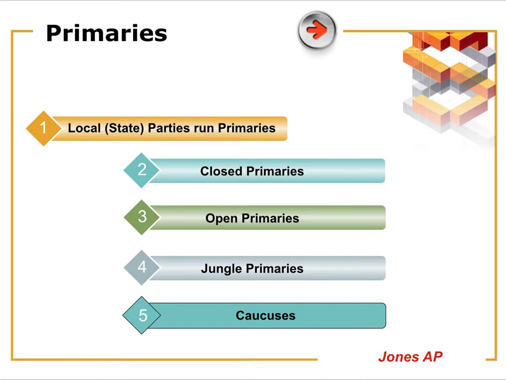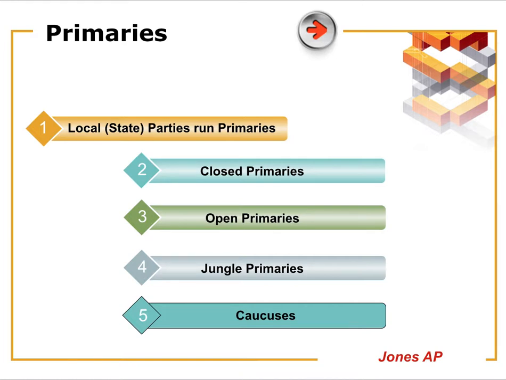What this means is that the parties are not in control of the primaries. And certainly sometimes you can get someone who doesn't agree with the stance of the party representing your party, or you get shut out entirely. If you're a Republican and two Democrats are running, you don't have a choice anyways.